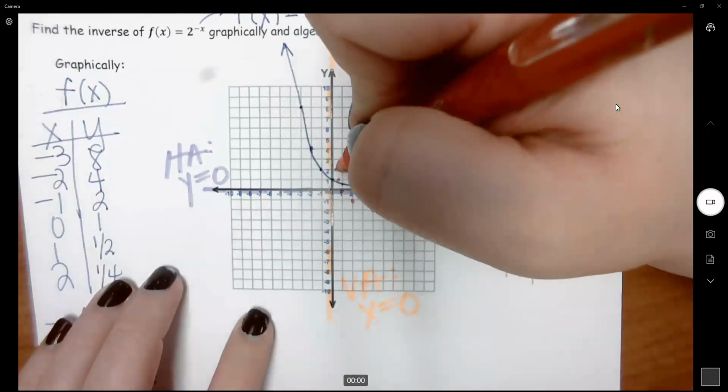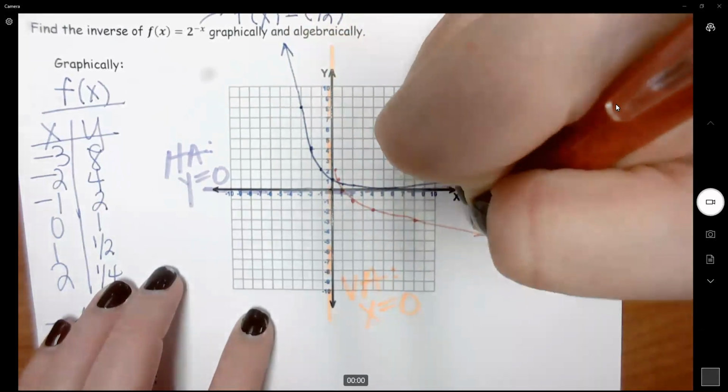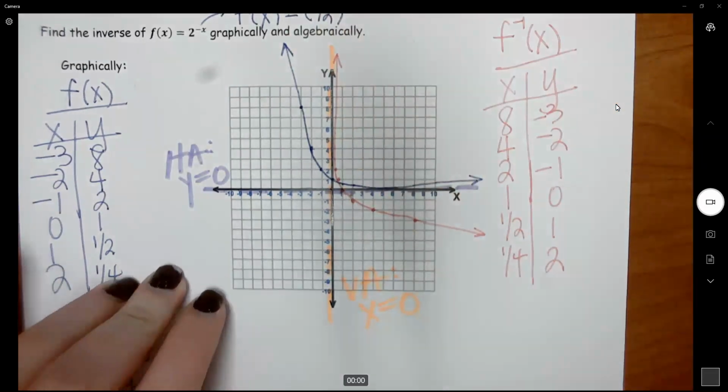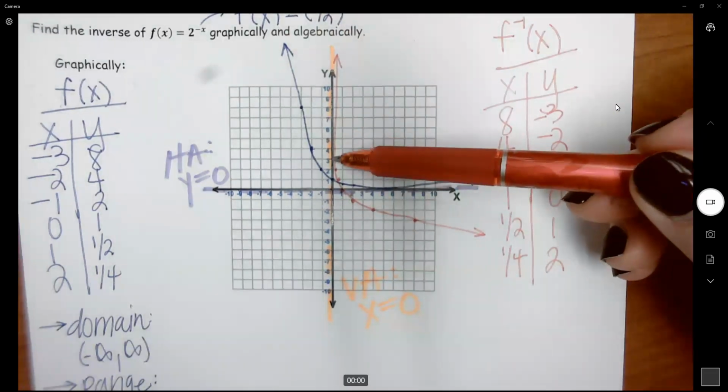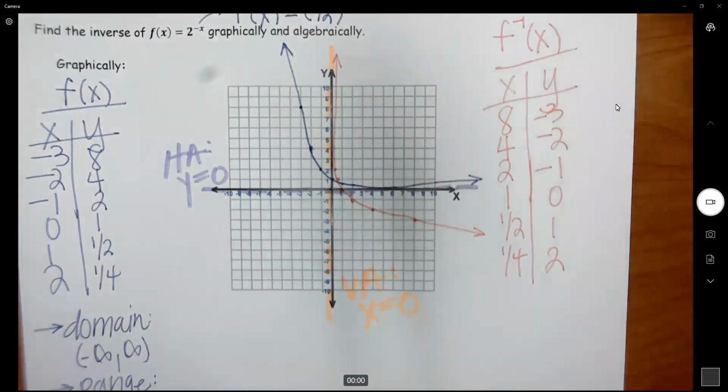So when I connect my points, I will not cross that axis. And again, it looks like it's kind of bouncing and going further away, but we know that it's getting closer and closer and closer.